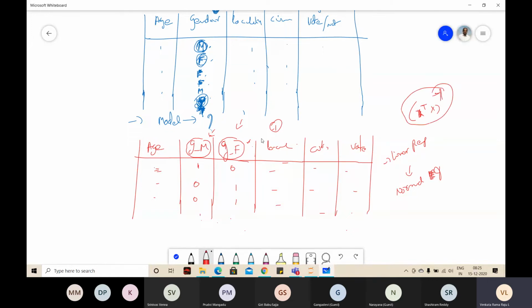This is the reason why I said drop first is equal to true. If I drop this column while creating dummy variables, I am eliminating the possibility of inducing a strongly correlated column into the data set. Drop first true will eliminate inducing the strong correlation column into the data set.